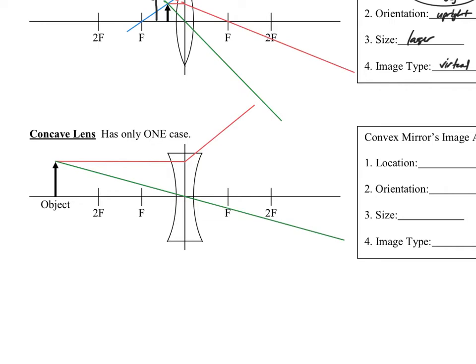So to get an accurate depiction of where the image is, I'm going to draw my third ray. It needs to go through the focal point, but on the opposite side of the lens. So don't draw this until I'm done. I'm going to draw it like it's going through F on the other side.